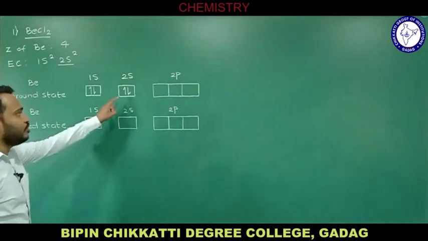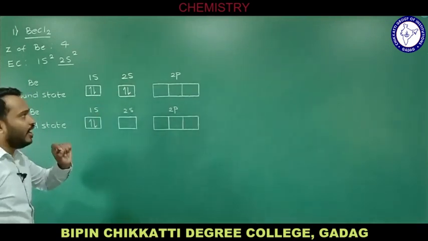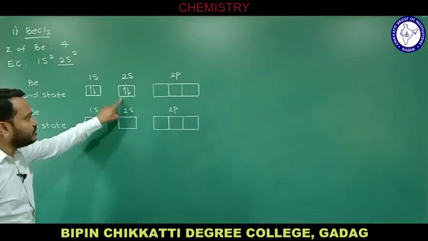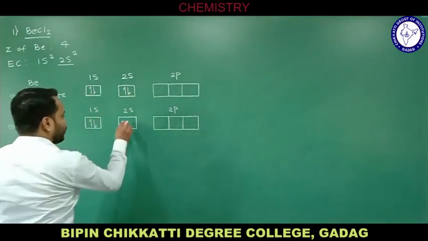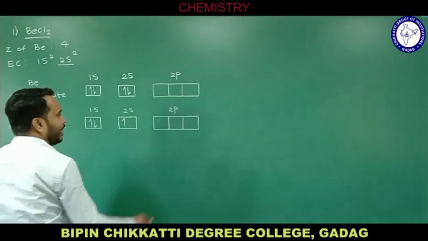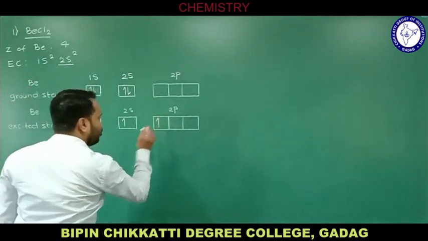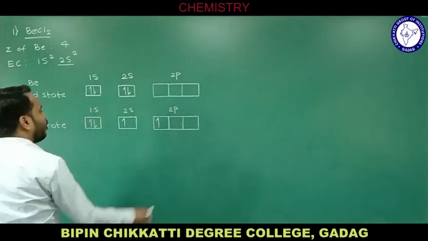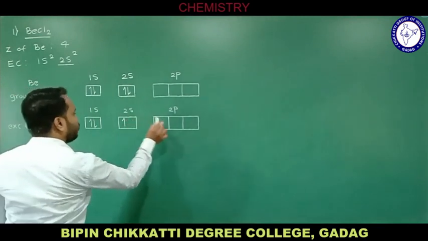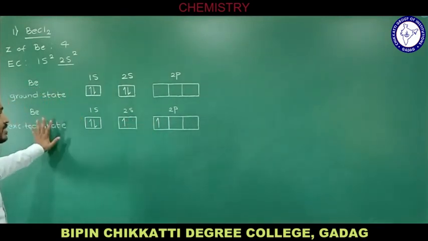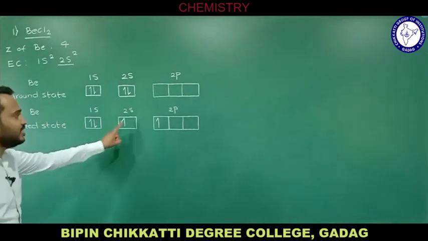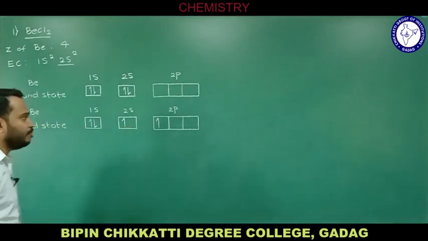In the 2s atomic orbital we have 2 electrons, and one electron from 2s is going to jump into the atomic orbitals of 2p. So in 2s we have one electron, and in 2p we have one more electron. So one electron is going to shift from 2s to 2p. Now in the excited state, this is an unpaired electron, and this is also an unpaired electron.